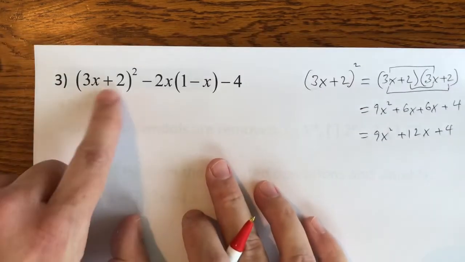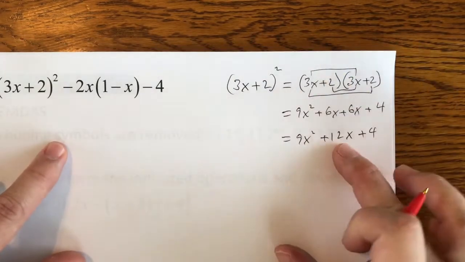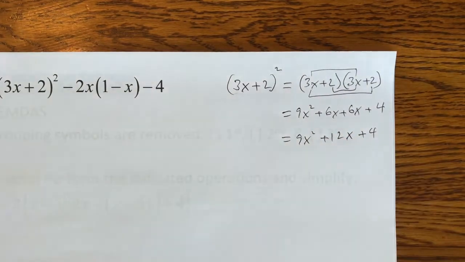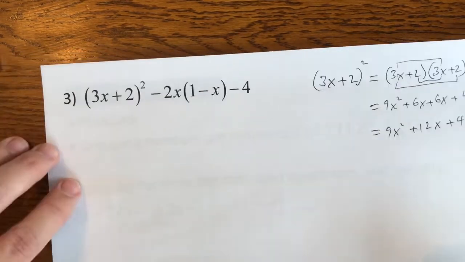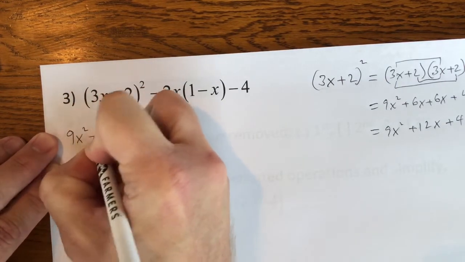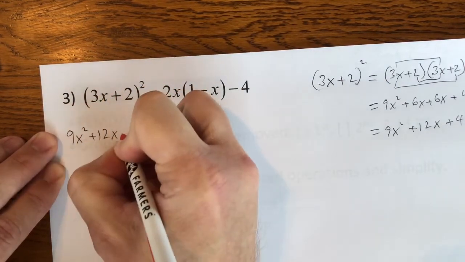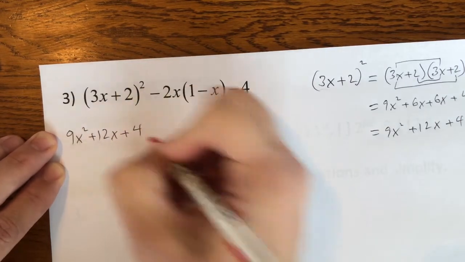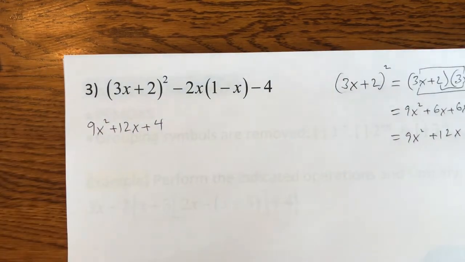So just this first part means what I did over here, okay? All right, so I'm going to go ahead and bring that down. So we know the first part is 9x squared plus 12x plus 4. Okay?